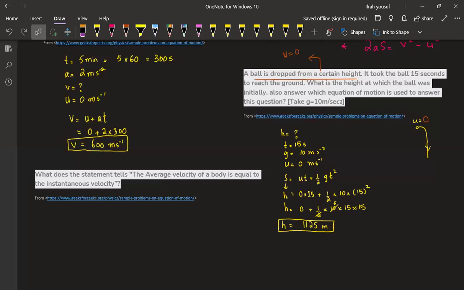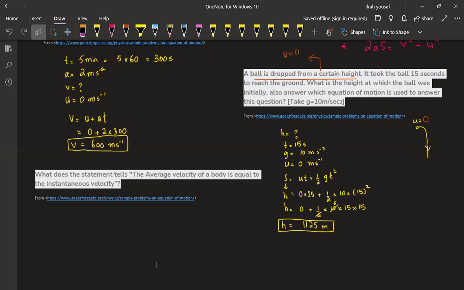Average velocity is always taken when the body is moving with different speeds. For uniform motion, and for a body moving with different speeds, we consider the average speed for our convenience, when we know the total distance and the total time.